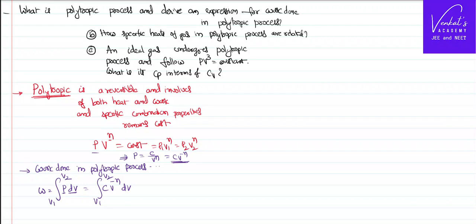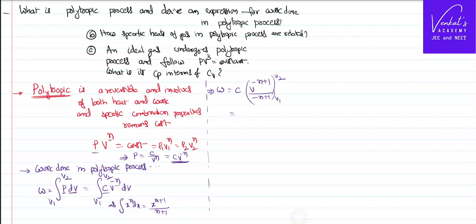Now we have a formula in integration. What is that? Integral of x power n dx equal to x power n plus 1 by n plus 1. So in the place of n, we are having a minus n. So what happens to that? Let us try. We are having that equation. That implies work done equal to C, a constant that can be written outside, V power of minus n plus 1 by minus n plus 1, where volume is varying from V1 to V2.